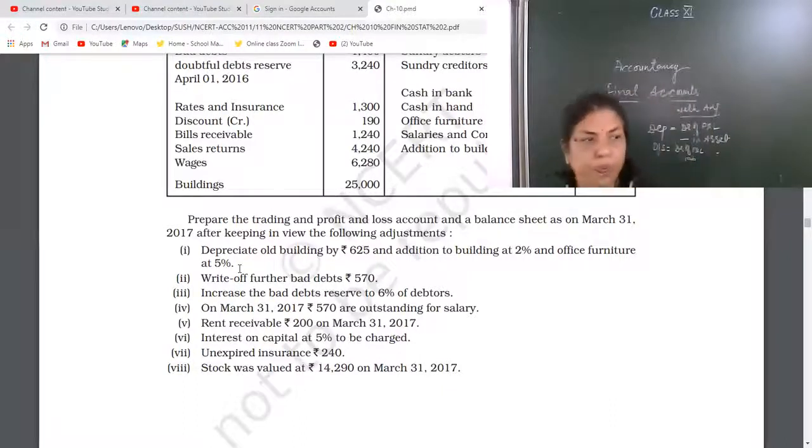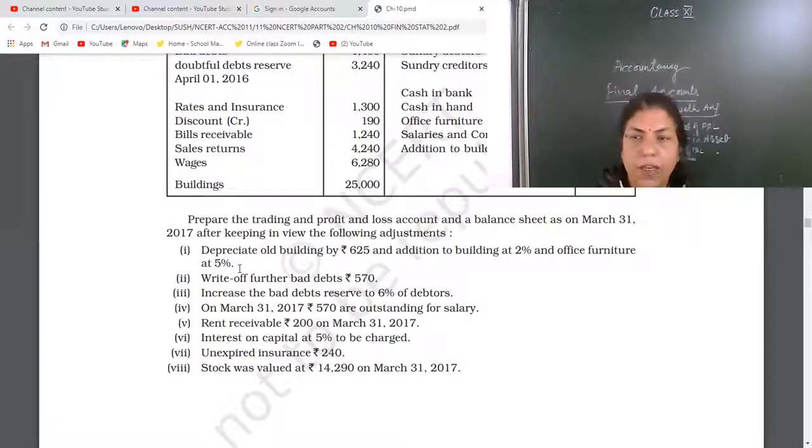That is due. Okay. Now rent receivable means accrued rent. Accrued, please see your table. Accrued rent: plus in credit and asset side.